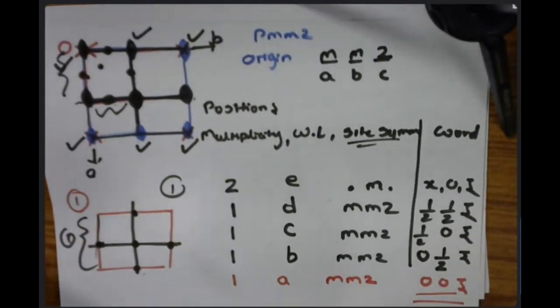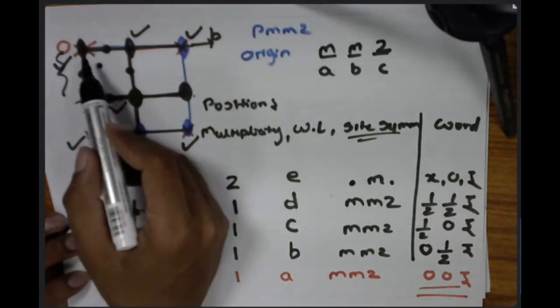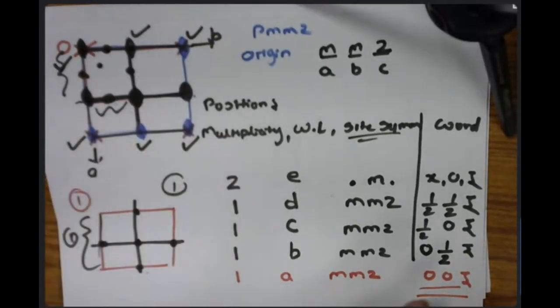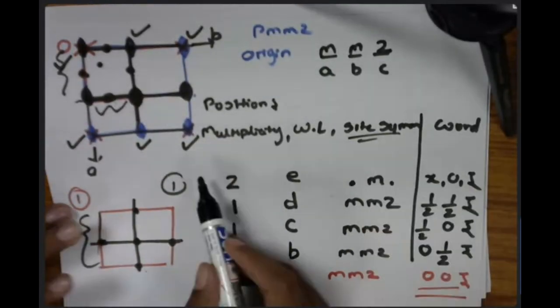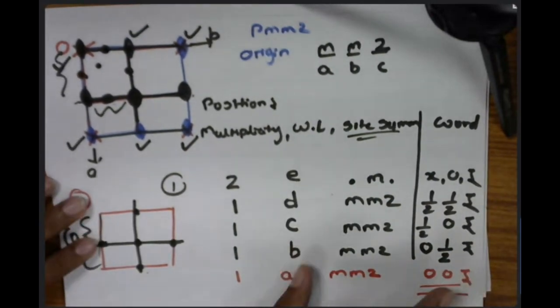So one can complete this entire section. It's easy from now onwards. We just have to take a point on each of the symmetry elements, and corresponding to it we'll write their site symmetry, multiplicity, Wyckoff letter, and coordinates. It is very easy. Okay.